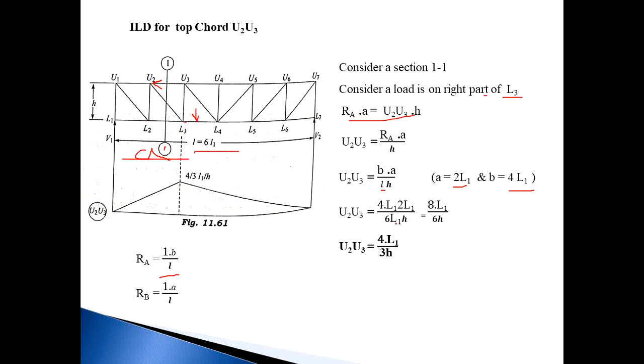So that is 6 L1 into H, which is 8 L1 by 6H. Simplifying, U2U3 is equal to 4 L1 divided by 3H.